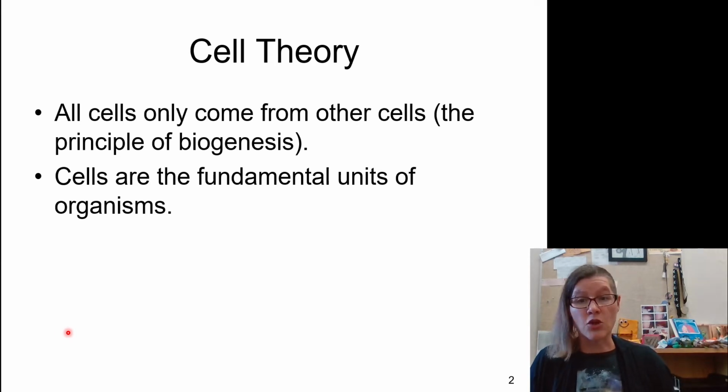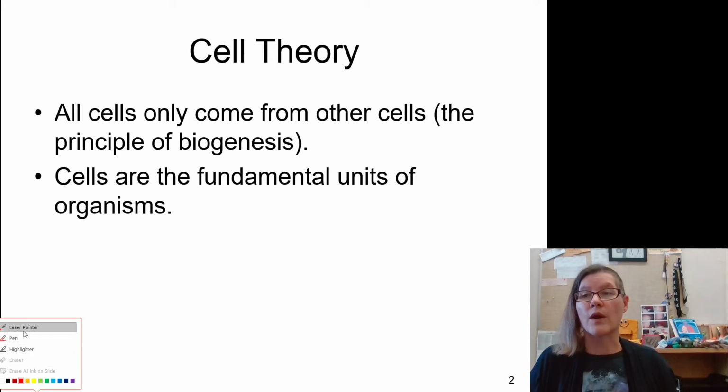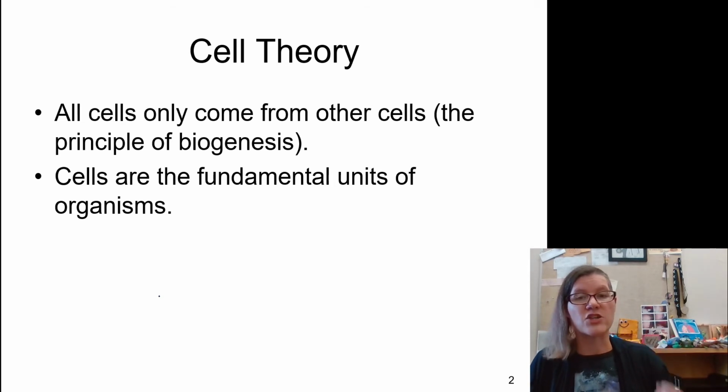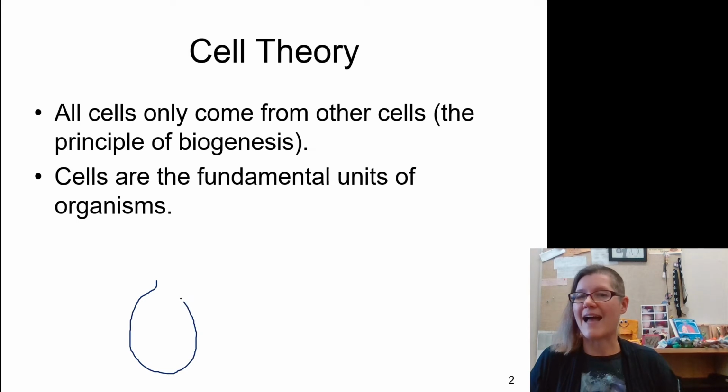Now, to learn that, we actually had to go through quite a process, and Pasteur, who you might know from milk pasteurization, is actually the scientist who eventually did the experiment that we now know of as the one that showed us that cells come from other cells. So he had this swan-necked flask.